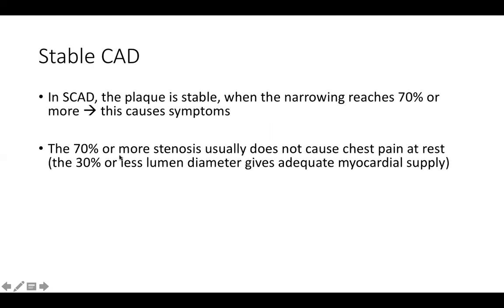The 70% or more stenosis usually does not cause symptoms, which is chest pain, at rest. Why is this? Because the 30% or less lumen diameter gives adequate myocardial supply.